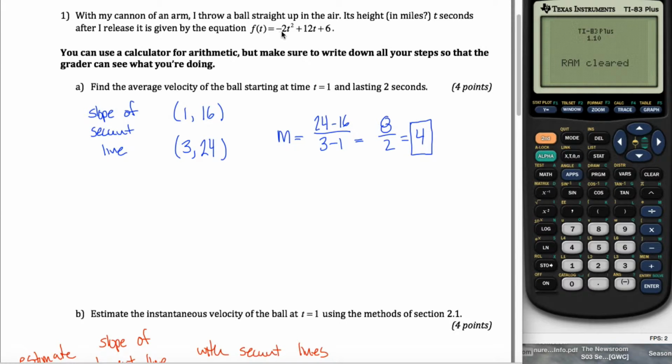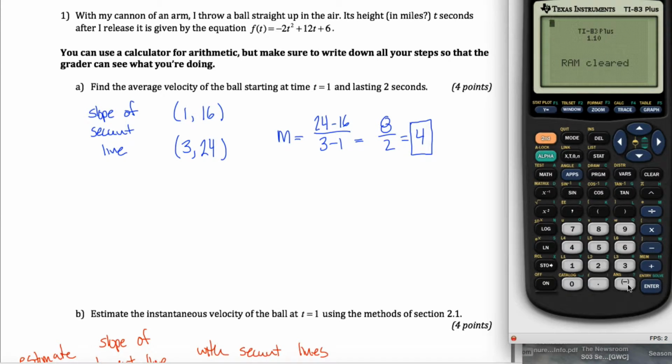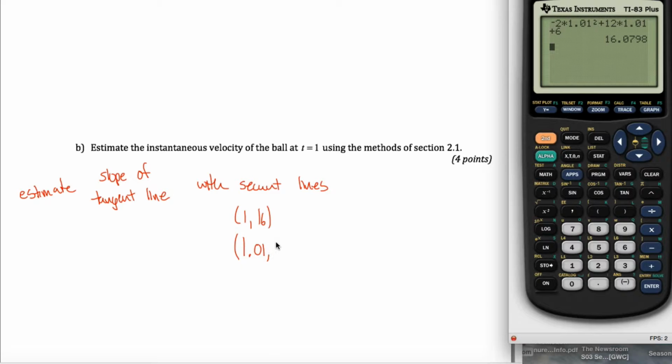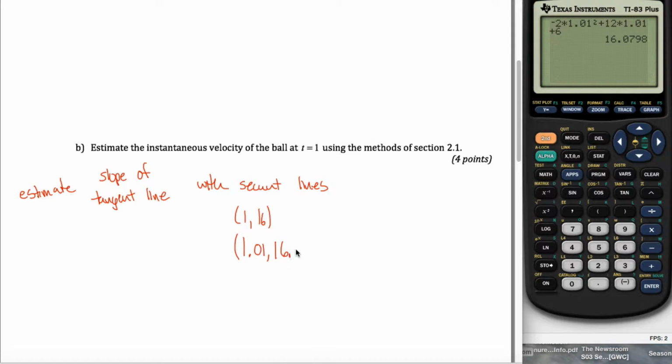I can't figure out what negative 2 times 1.01 squared plus 12 times 1.01 plus 6 is. But that's what calculators are for. My calculator tells me that this is 16.0798.